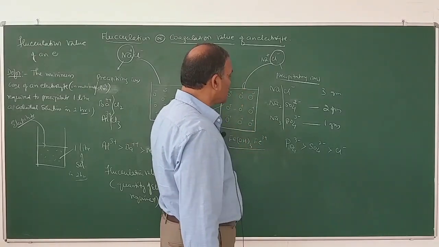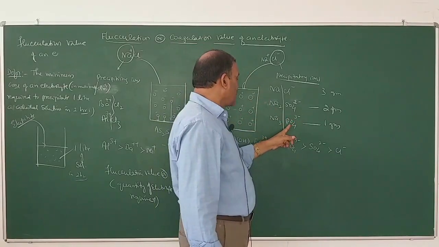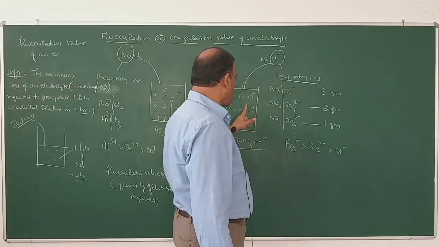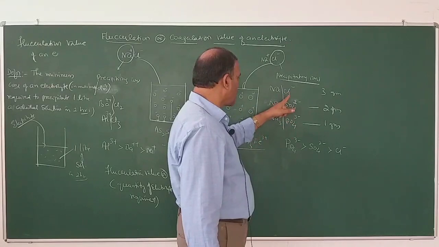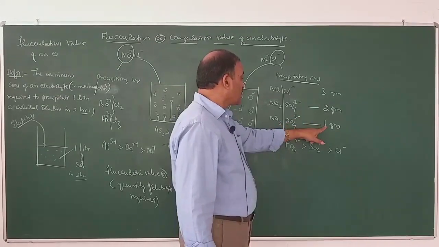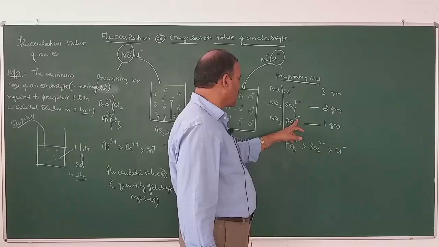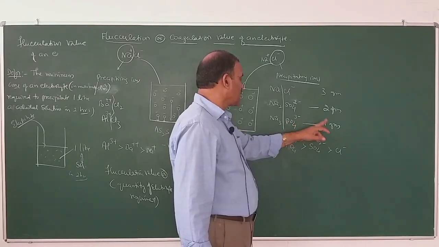This is a positive salt, so the precipitating ions are the negative ions of the electrolyte. That is what is known as flocculation value. Since phosphate carries 3 minus, the amount required is less.